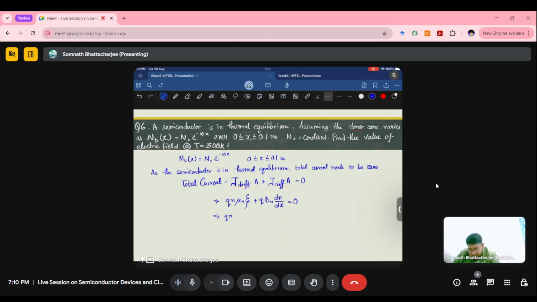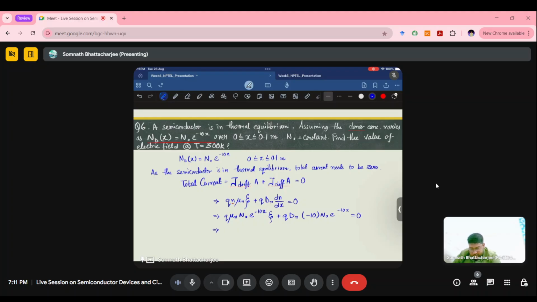First, to let you know, this n is nothing but N_0 e^(-10x), so we'll put the values here. q mu_n N_0 e^(-10x) E plus q D_n times (-10) N_0 e^(-10x) equals 0.